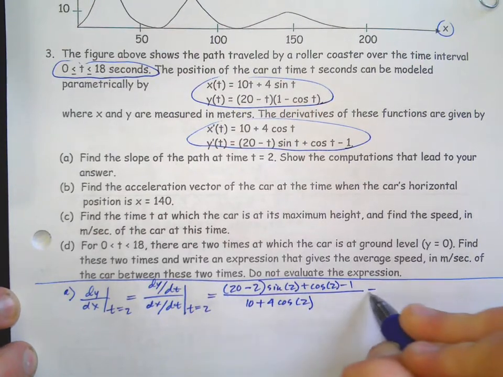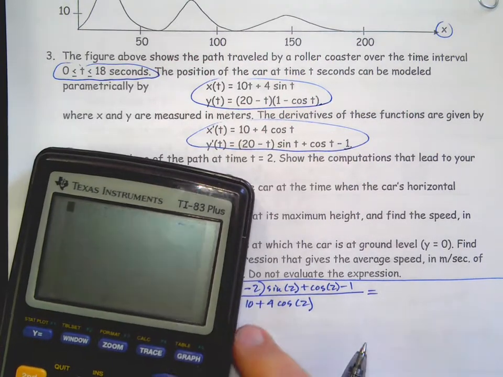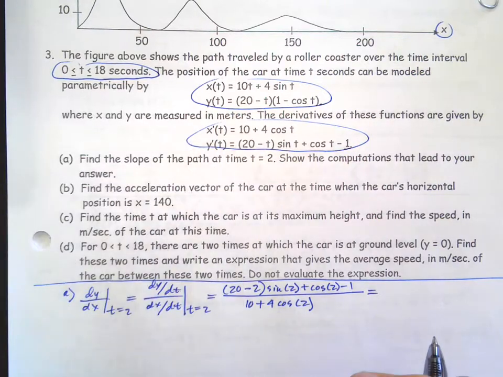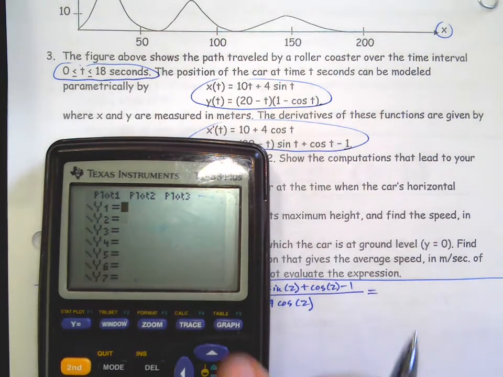And then, I mean, we could use our calculator to get the answer. Now, I don't know if I want to enter all these in here. I mean, we could just put them all in here and just remember where they're at.